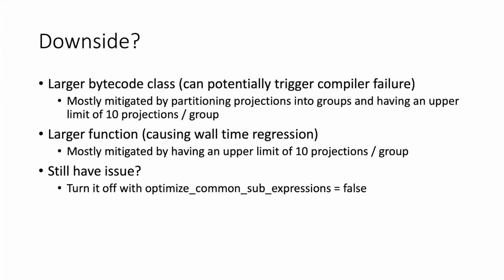If anybody is interested in helping us look into what actually caused this, let us know. I would love to get to the bottom of it. But mostly, by partitioning projections and limiting to 10 projections per group, both of the problems largely go away.